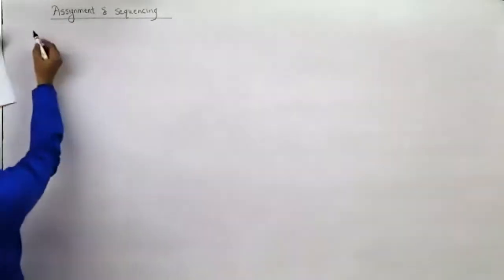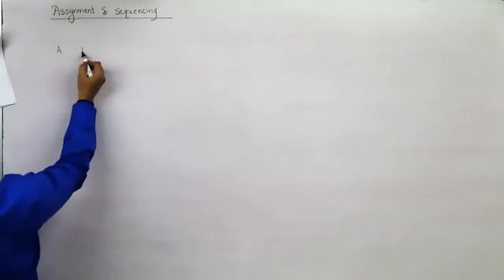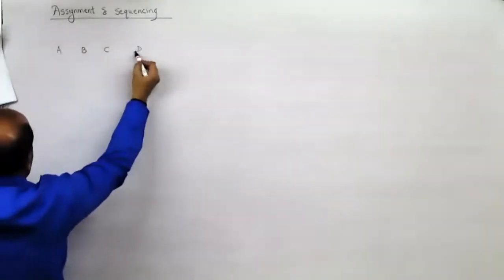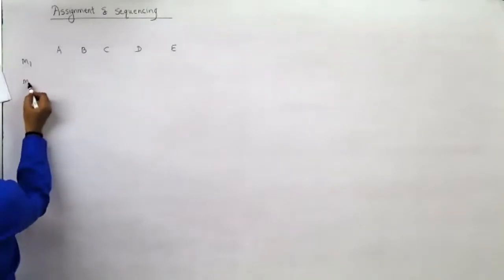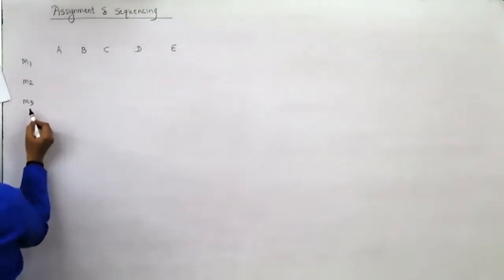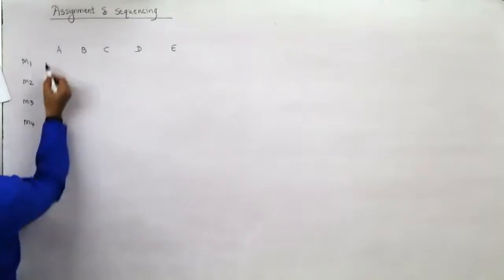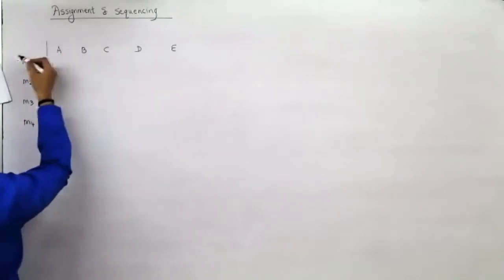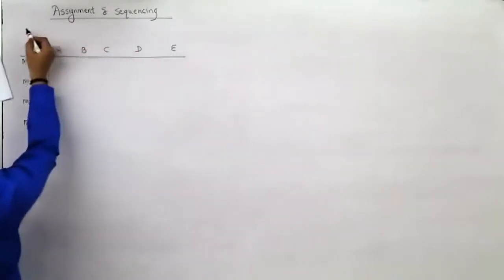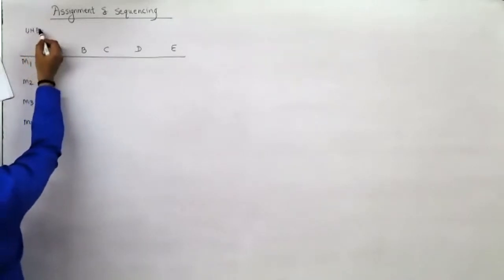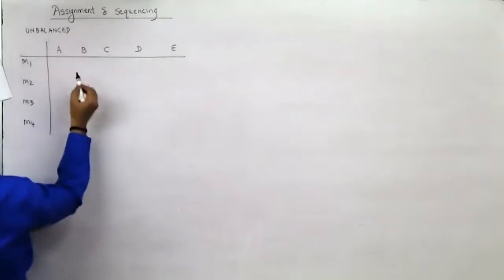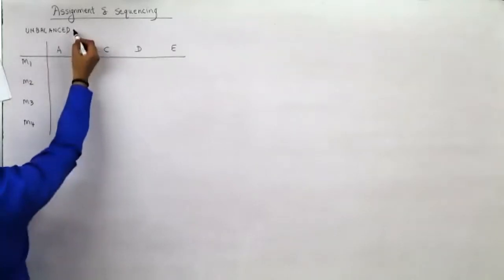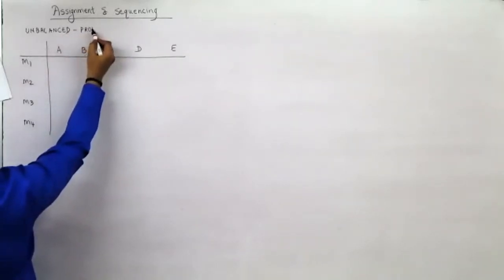Now, first of all, A, B, C, D, and E. This is M1, M2, M3, and M4. There are 4 rows, 5 columns, so it is unbalanced. Next, some of the elements are prohibited, so it is unbalanced and prohibited also.